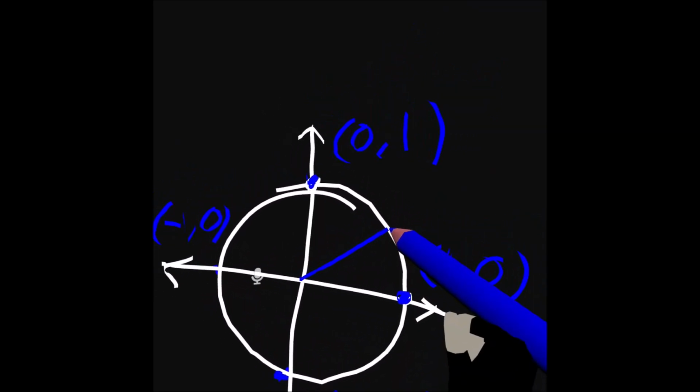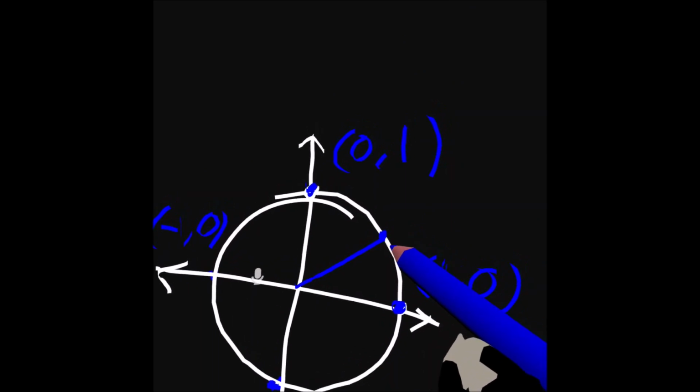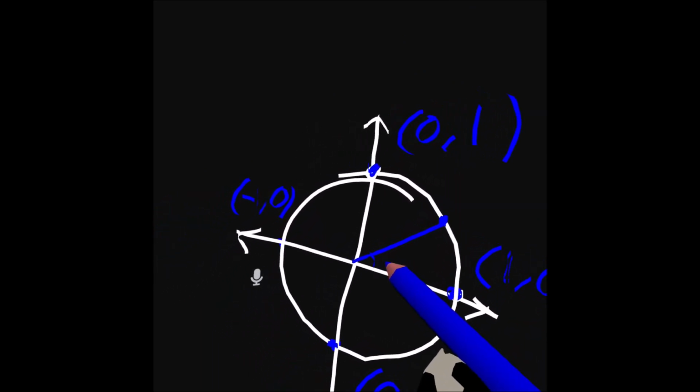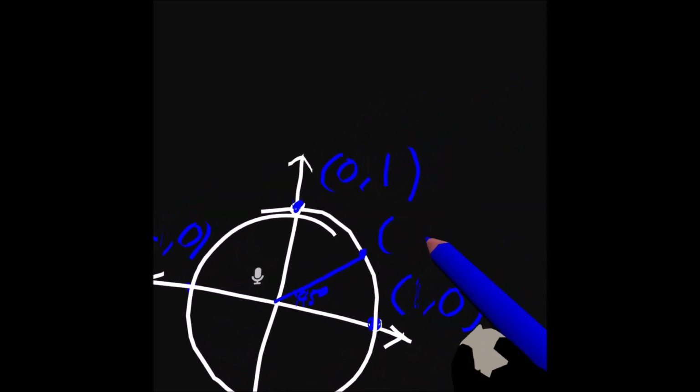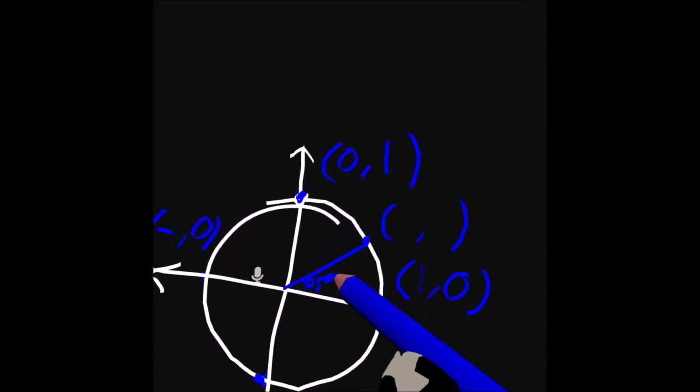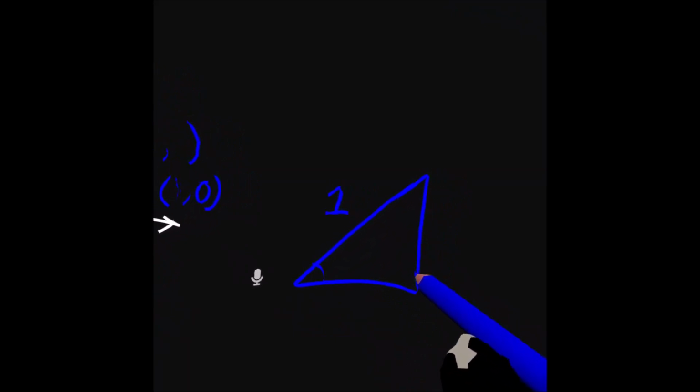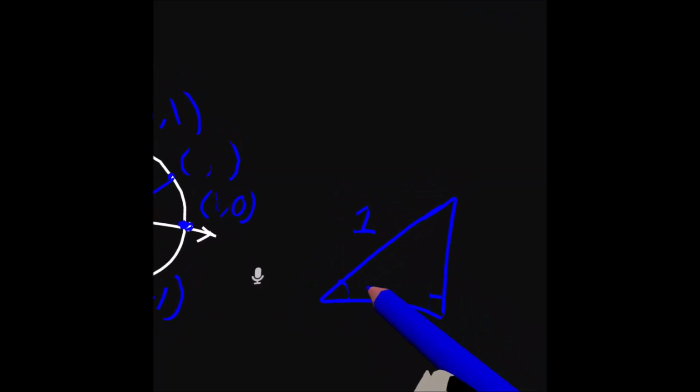So then here, if I want to know the point here, let's say the angle is 45 degrees, then what is the coordinate here? Well, it's that 45 angle, right? So we know that this is a 45-45-90 triangle.